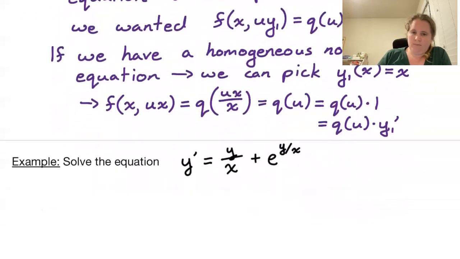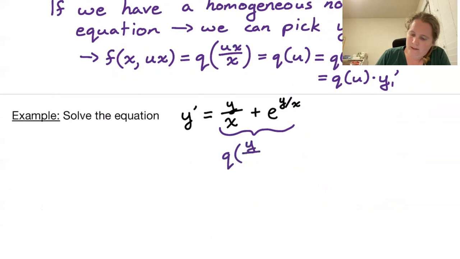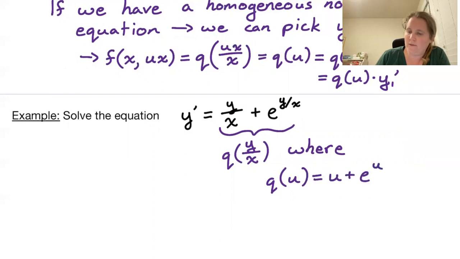So for example, let's consider the equation y prime is equal to y over x plus e to the y over x. So again, note that this right here is q of y over x, where q of u is u plus e to the u.